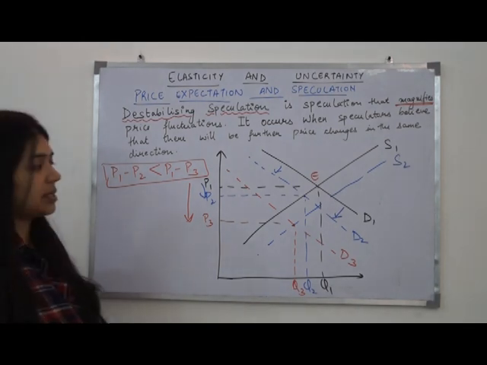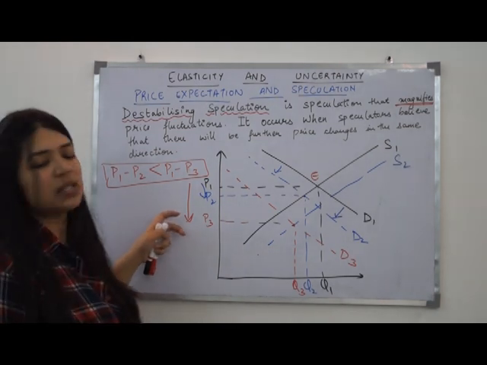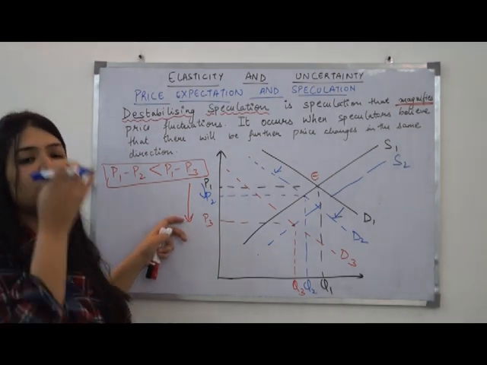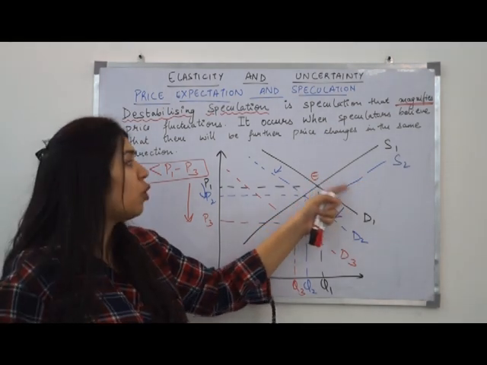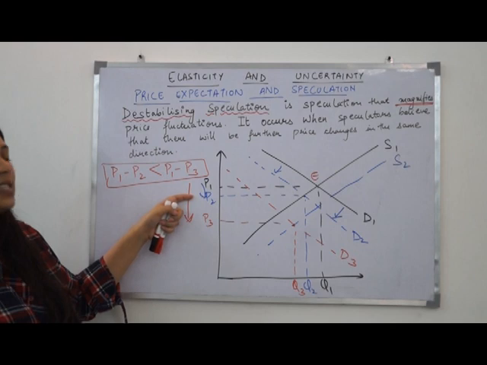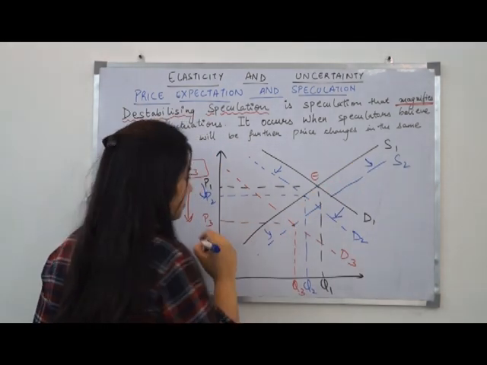If they assume a further price drop, they do not want to sell at an even lower price. So they increase their production and start selling more and more goods at this price as much as they can. And that is why the supply curve shifts rightwards.